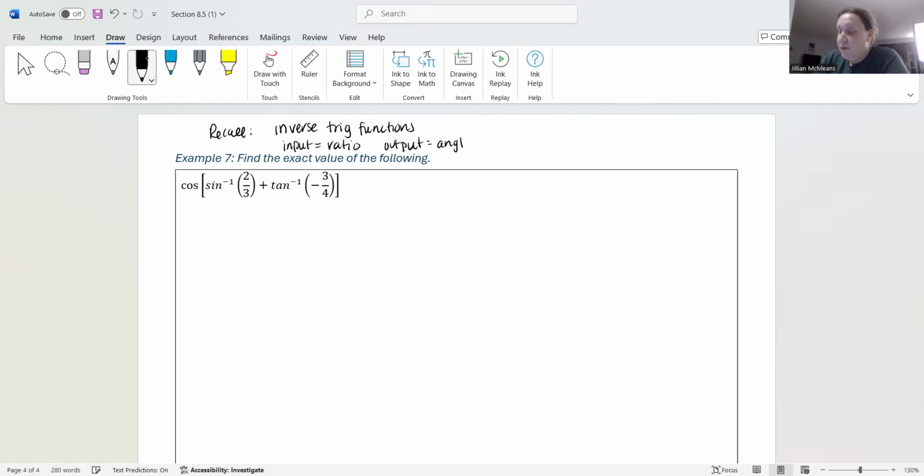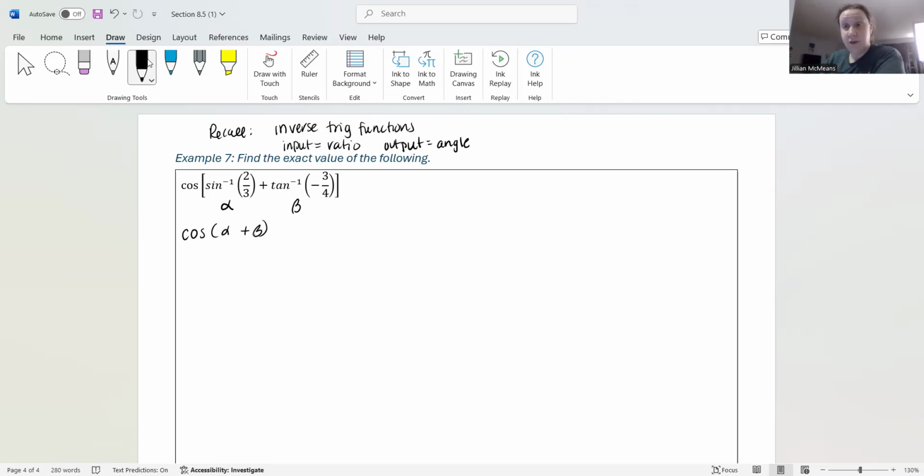So when we evaluate these inverse trig functions, the result is some angle. So inverse sine of 2/3 is really just some angle. Let's go ahead and just call it alpha. And then inverse tangent of -3/4 is going to be some other angle. Let's call it beta. So we can already rewrite this as cosine of alpha plus beta for now. Okay, we'll deal with the inverse sine and inverse tangent in just a bit.